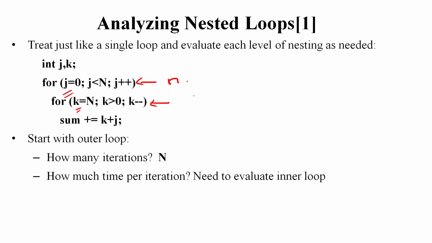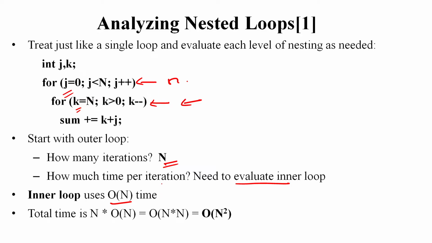Here we get n iterations for each j value in the inner loop. So we need to evaluate the inner loop for each iteration of j. The inner loop will also run for order of n time.